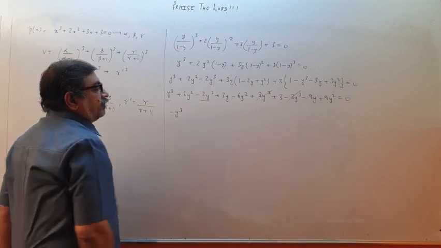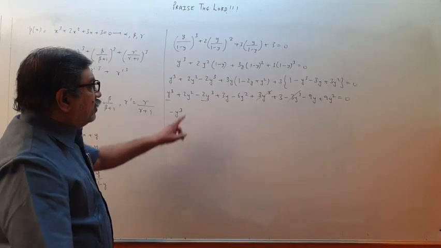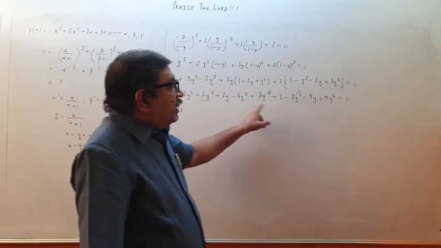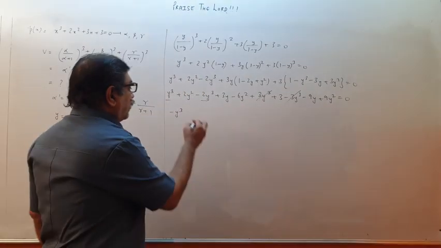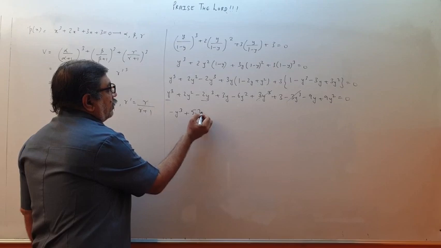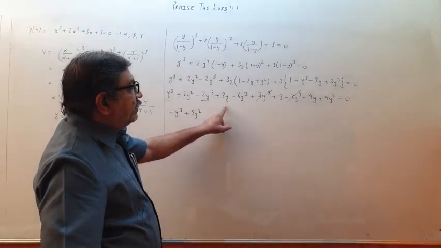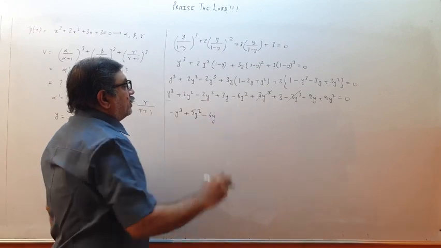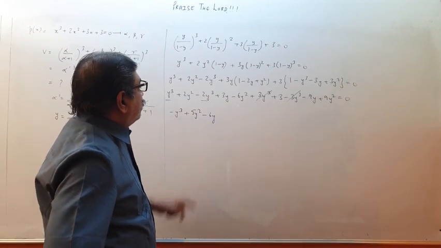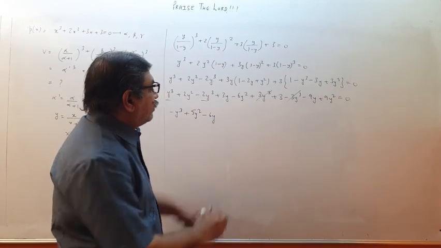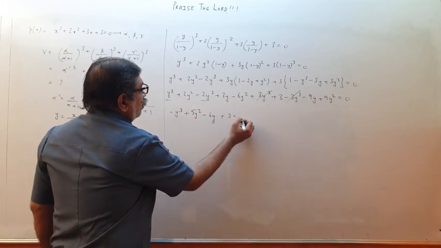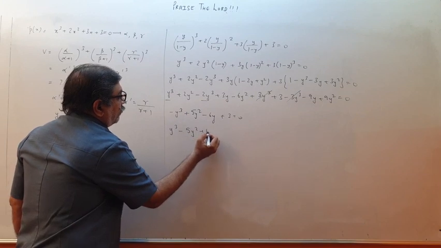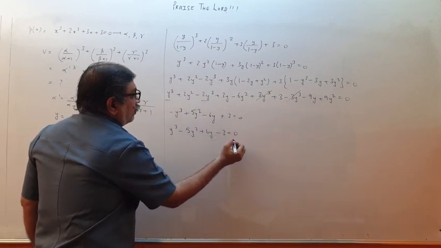These two things are gone. About y square: 2y square and minus 6y square, minus 4y square, minus 4y square plus 9y square, plus 5y square. About y: 3y and minus 9y, minus 6y. About constants: only 3 is remaining, so plus 3 equal to 0. And therefore, y cube minus 5y square plus 6y minus 3 equal to 0.